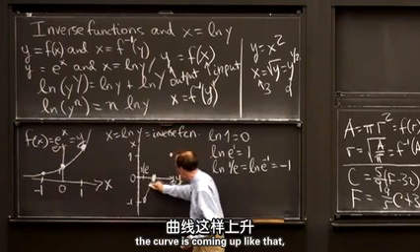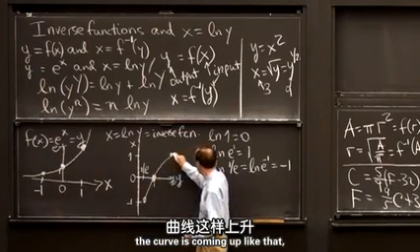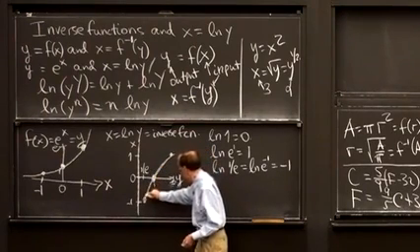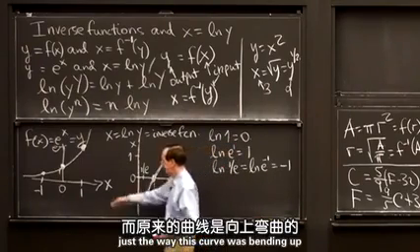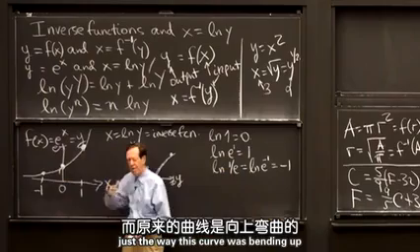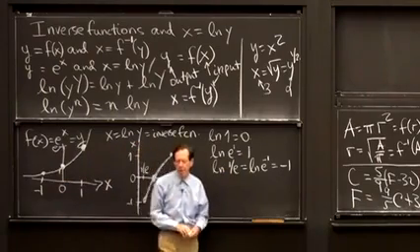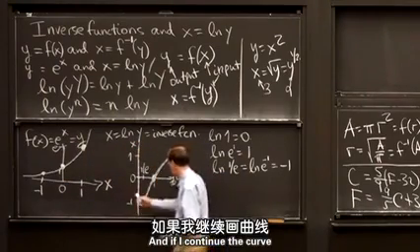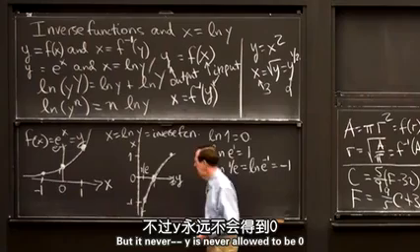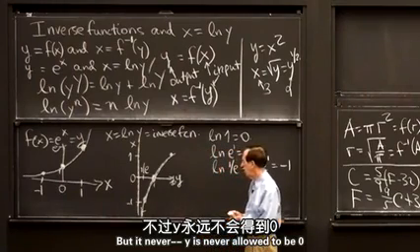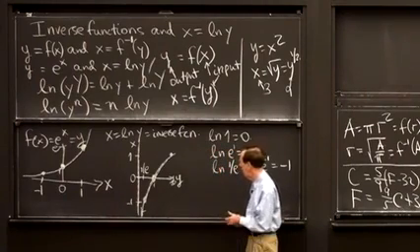The curve is coming up like that, but bending down, just the way this curve was bending up. And if I continue the curve, the logarithm will get more and more negative. It's headed down there, but y is never allowed to be 0.